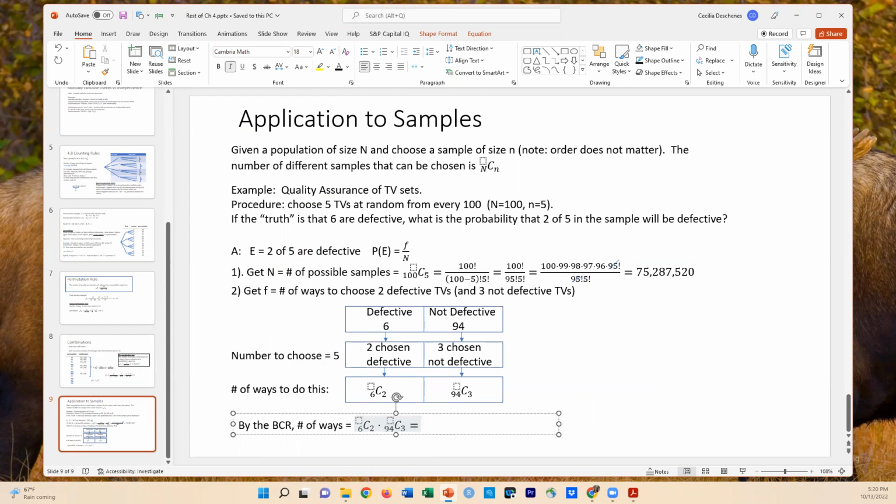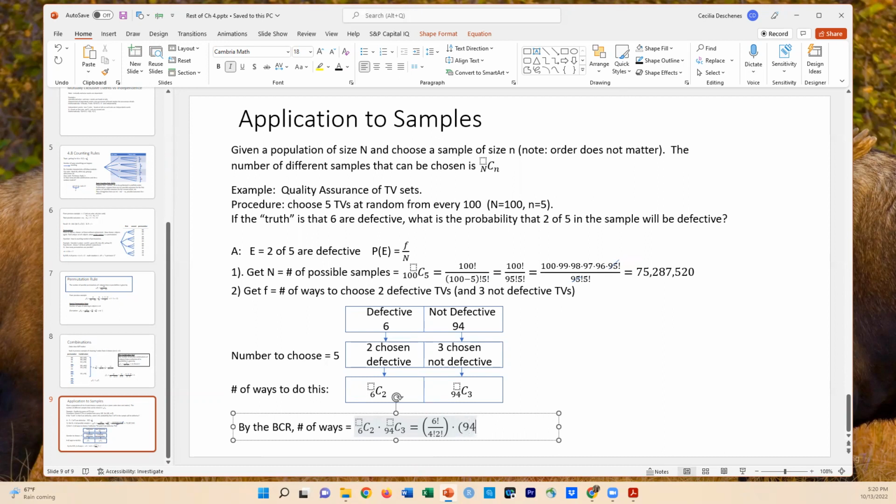So this is going to be 6 factorial divided by, I'm just going to go ahead and write 4 factorial. So that's 6 minus 2 factorial times 2 factorial, for the 6 choose 2. And then for the 94 choose 3, we do the same thing again.